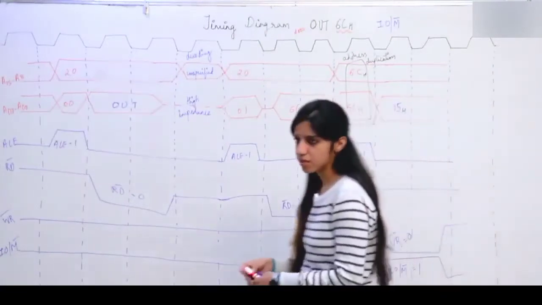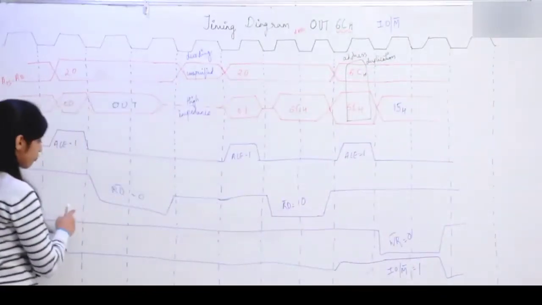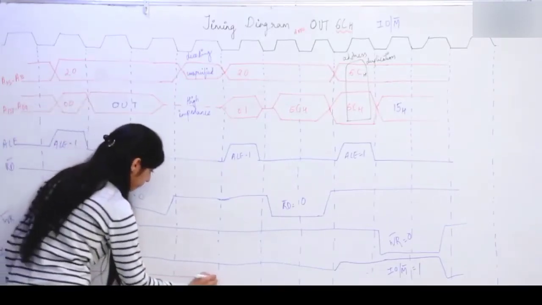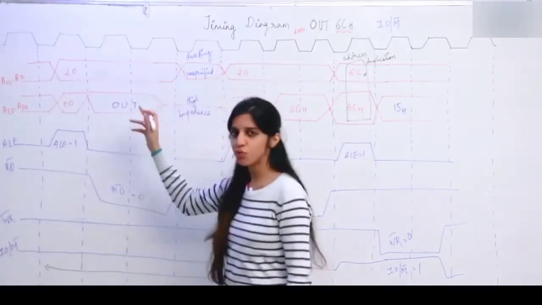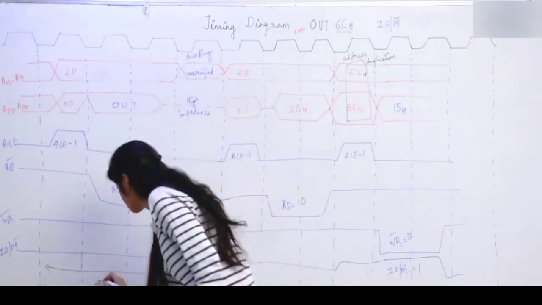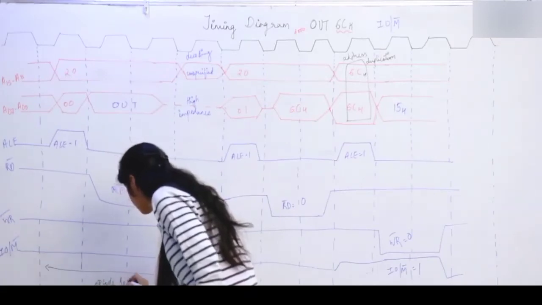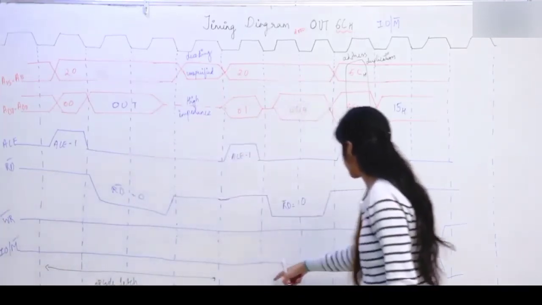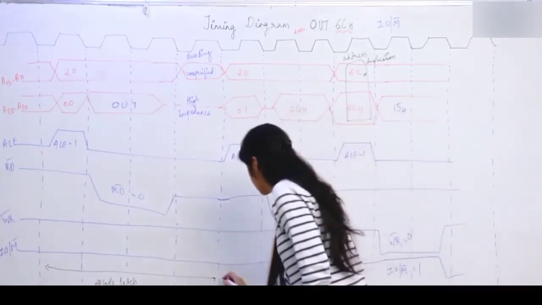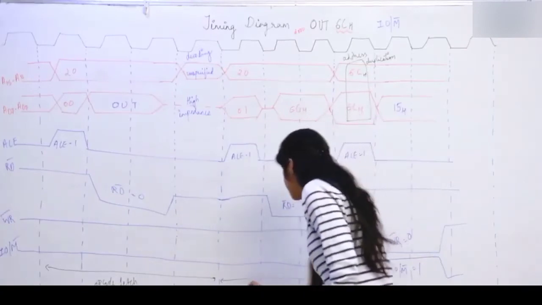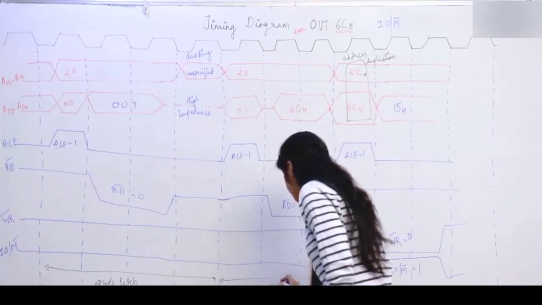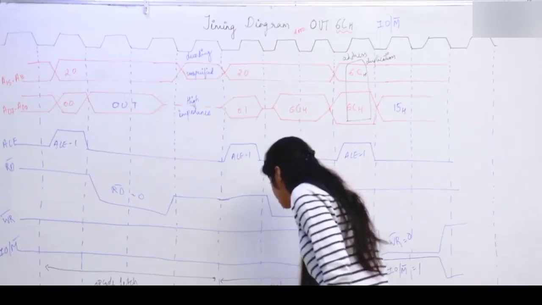Now again just look, the first 4 T states, first 4 clock cycles till here, we are just doing opcode fetch, for 4 T states. Next 3 cycles, what are we doing? These 3 cycles are used for memory read, 3 T states.